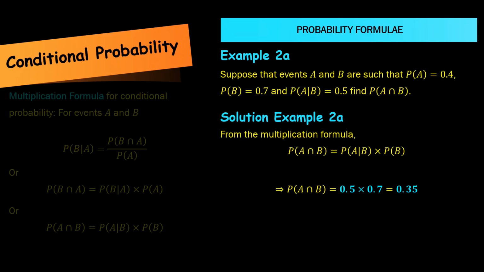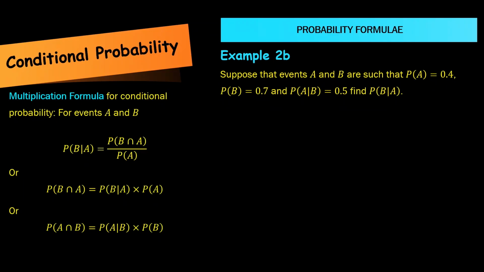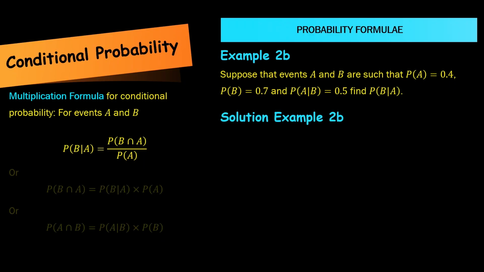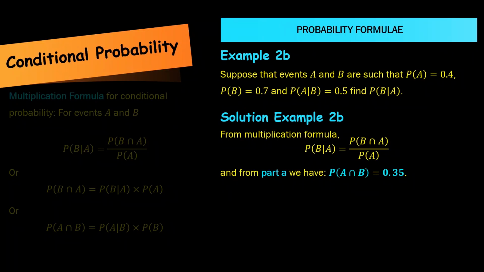And now for part B. We are required to find probability of B given A. So let's solve this. We're going to use this formula highlighted here. From part A, we have that the probability of A intersect B equals 0.35, so we can plug that in as shown.